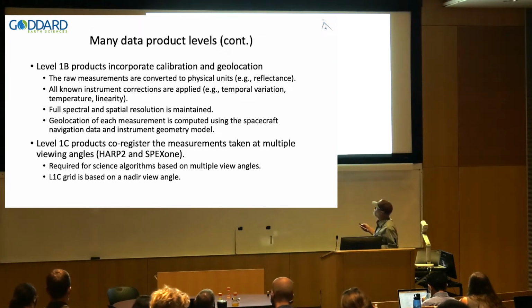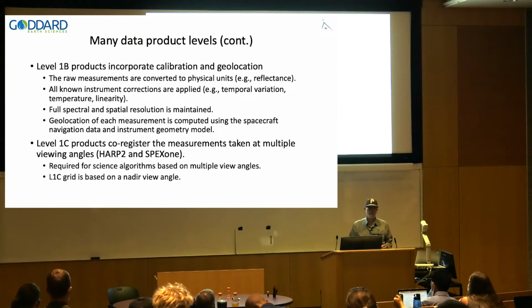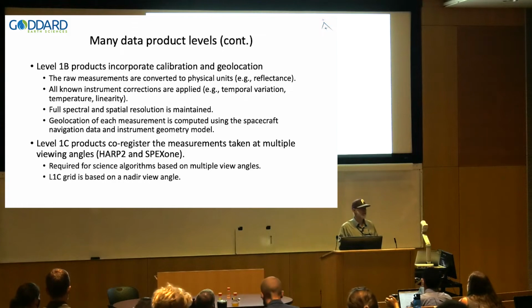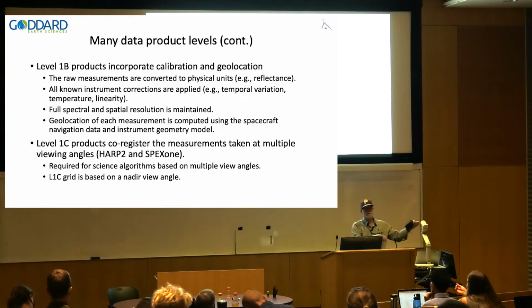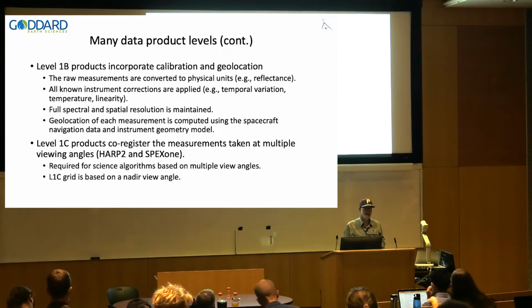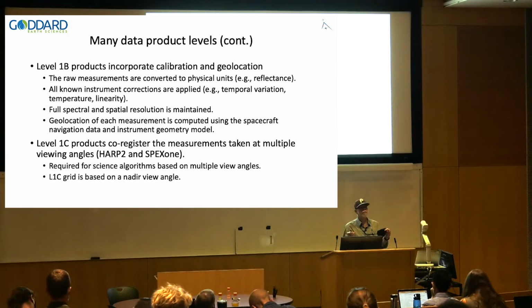But at that point, you're only just getting started, because instruments have all kinds of little quirks that affect the data. The response to an incoming signal may not be completely linear. In fact, it rarely is. In the case of a scanning instrument like OCI, the response may change across the scan. In the case of an instrument with many detector elements, each detector element is going to have a slightly different response.